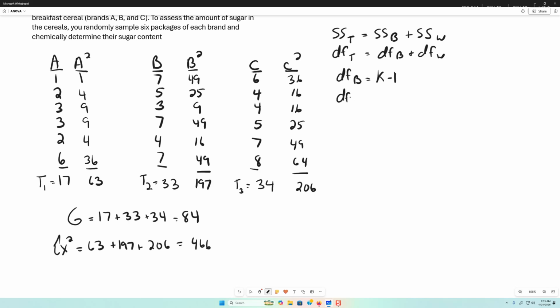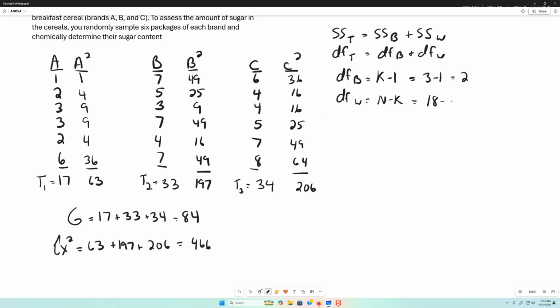And the degrees of freedom within is going to be equal to n minus k, where k, once again, is the number of conditions or number of groups. So those are the easy ones to figure out here. So degrees of freedom between here is going to be 3 groups minus 1. It's going to give us 2. And degrees of freedom within is going to be n, which is 1, 2, 3, 4, 5, 6, 18.